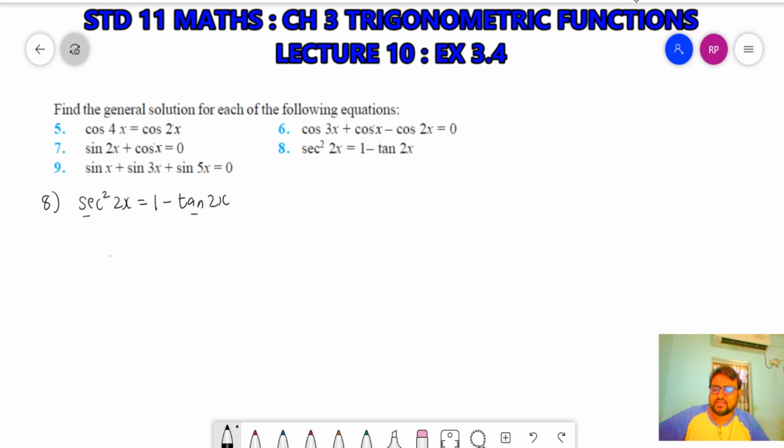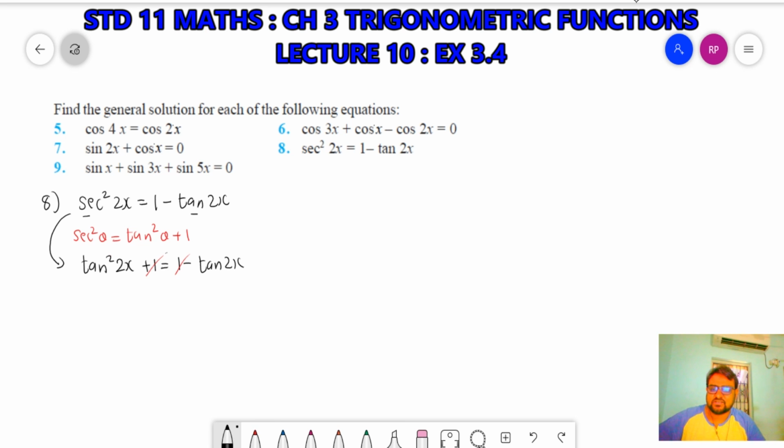We know that sec square theta is equal to tan square theta plus 1. So here I can write tan square 2x plus 1 equal to 1 minus tan 2x. So 1 will get cancelled.